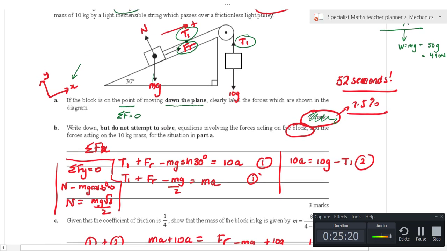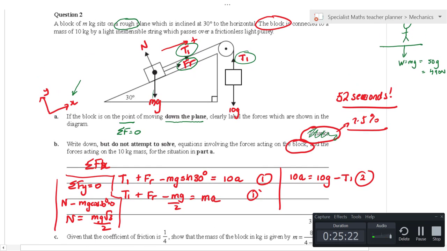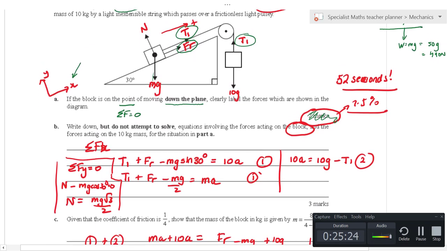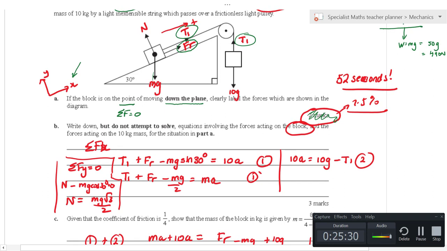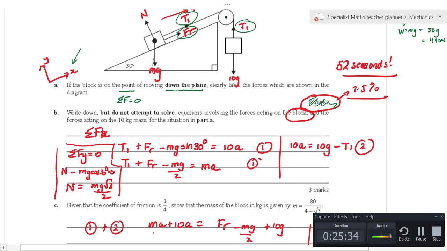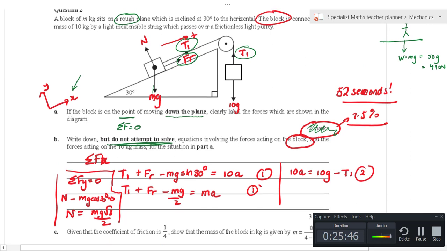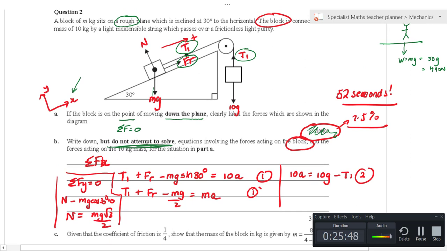Now it says write down but not attempt to solve the equations. So what I've done is I've done the net force in the x direction and the net force in the y direction, if you like. But it says do not attempt to solve the equations involving the forces. So why solve them? You've just been asked not to solve them. So what we can say is, now I've gone up the hill.